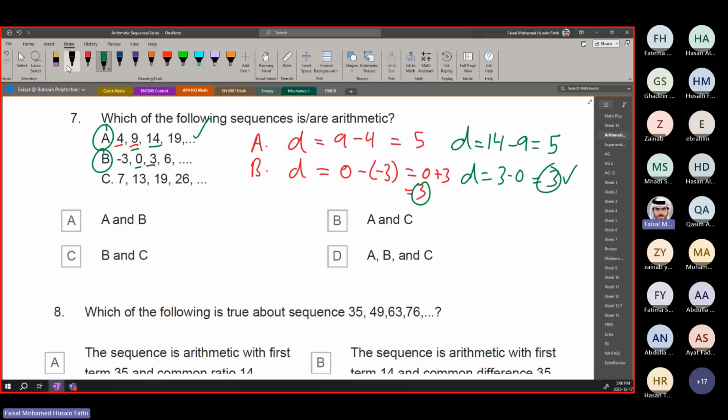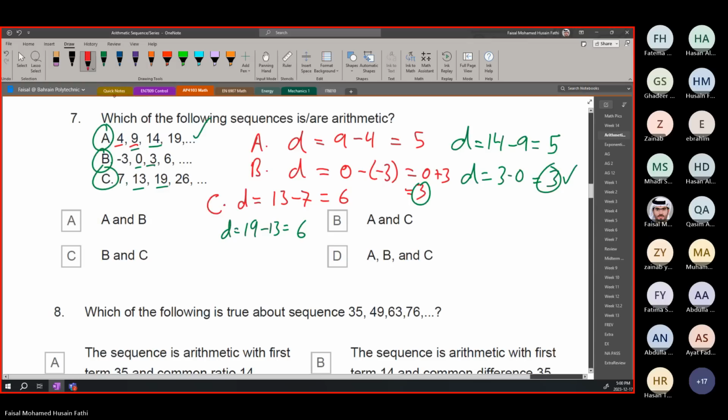Now, let's look at C. Same exact thing. The common difference is 13 minus 7. This is going to be 6. Let's check between these two. 19 minus 13 is equal to 6. This is also, so all of them are sequences. A and B, A and C, B and C. It's A, B, and C.